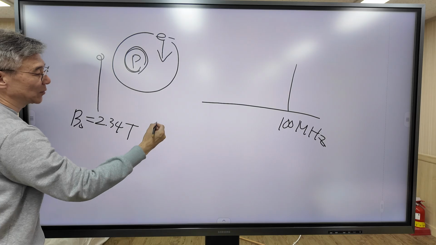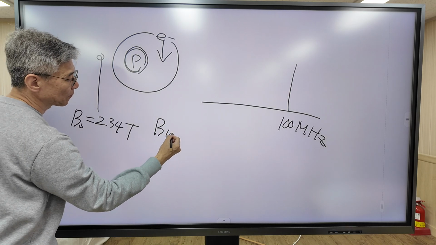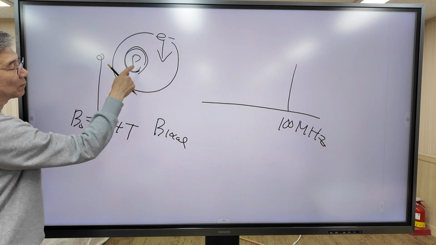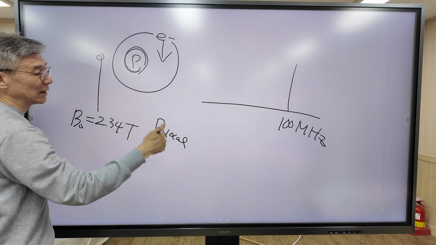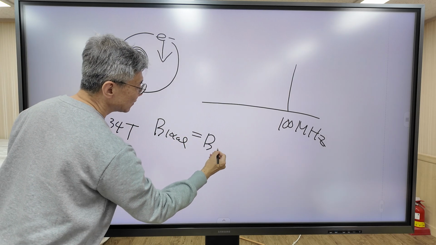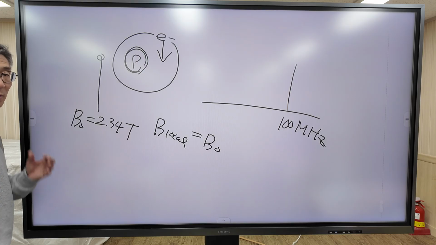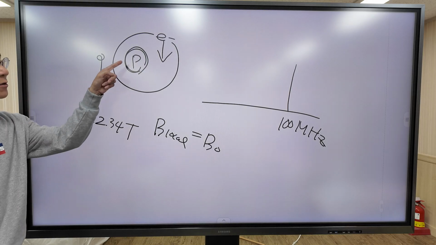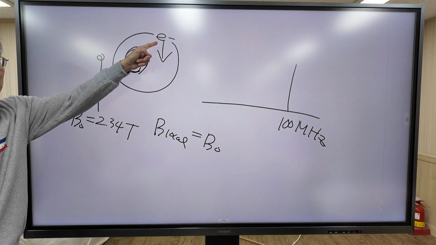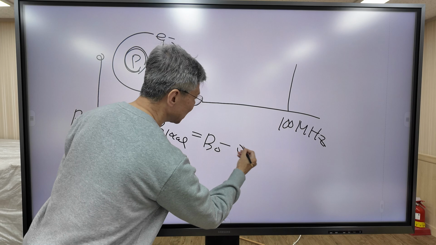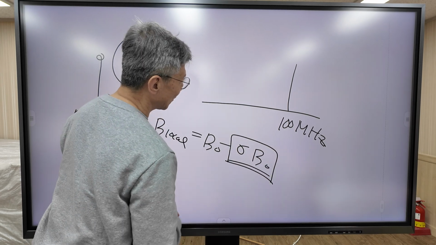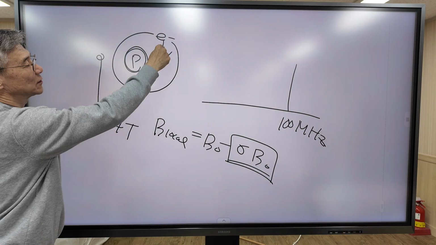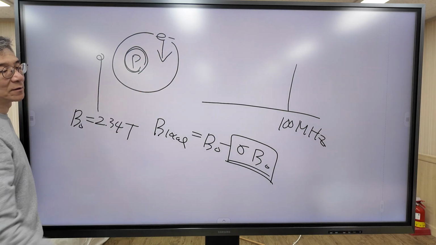So the B local, which is the magnetic field actually experienced by the proton, is less than B0. A smaller magnetic field is experienced by the proton due to the electrons. This term accounts for the field generated by the electrons.